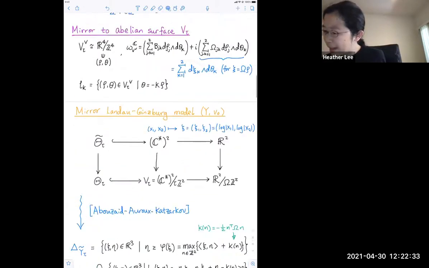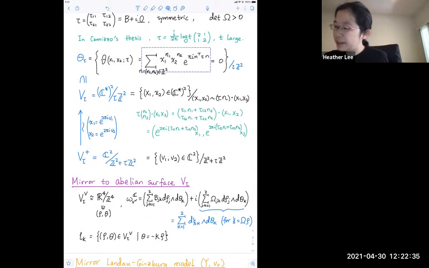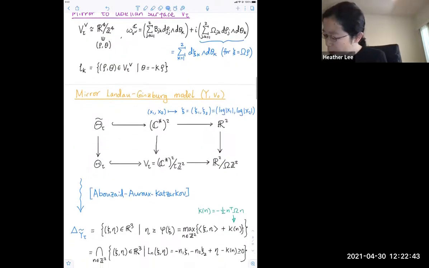If you look at the exponent in this formula, it is an infinite sum indexed by n in Z^2. That's why here we have infinitely many functions in this collection, and this takes the maximum of them.